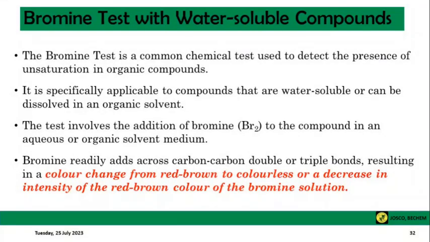The first compound that we are going to be looking at is the water-soluble compound. That is, the bromine test with a water-soluble compound. Here, the bromine test is most commonly used for the detection of unsaturation in organic compounds.